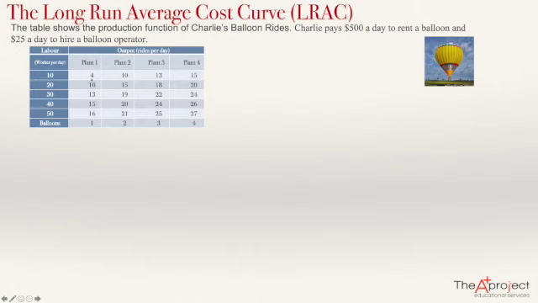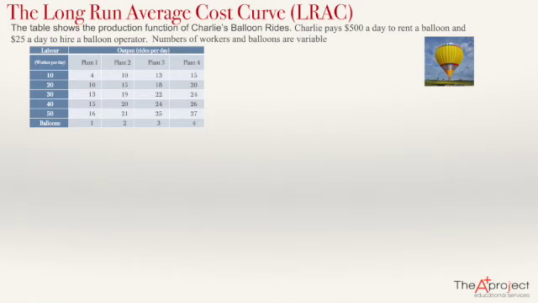So when I say here, for example, that we have number 4, it means that when Charlie is working with 10 workers and 1 balloon, they are producing 4 rides. Or here, number 15 means that when Charlie is using 20 workers and 2 balloons, then the number of rides is 15, etc.